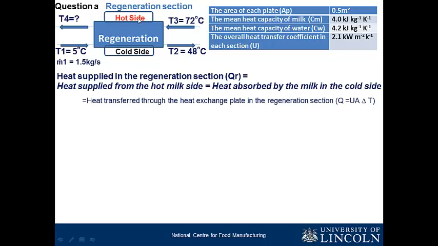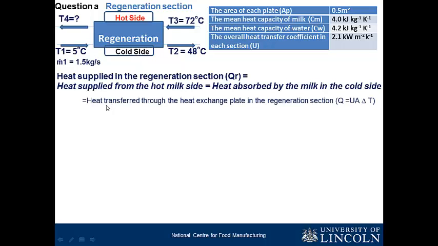So the heat supply at the regeneration section, from the hot side of this section, will be equal to the heat absorbed by the milk in the cold side, because the heat that is supplied here is going to be transferred through the medium, through the plate exchanger, and it's going to be absorbed by the milk in the cold side, because the assumption is no heat loss.